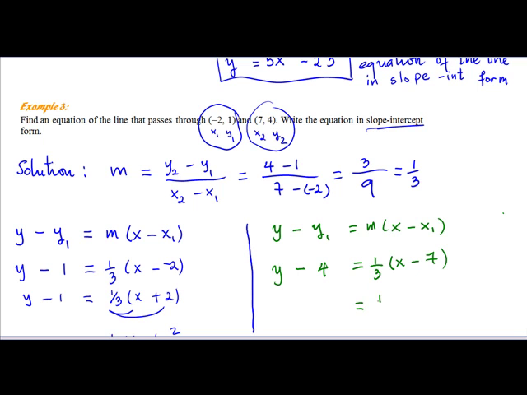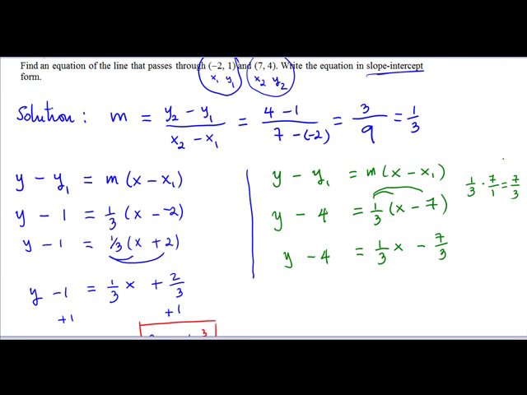I have 1/3 x minus, once again, 1/3 times 7 is the same thing as 7 over 1. When you multiply fractions, we just multiply horizontally like that. So you have 7 over 3. And then we simplify some more by adding 4 to both sides.